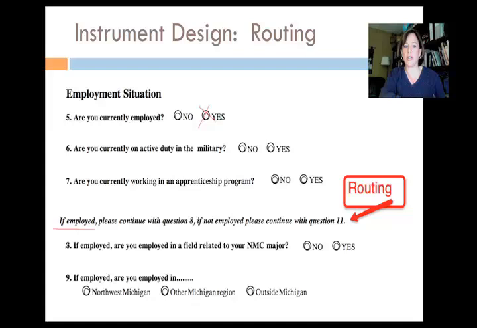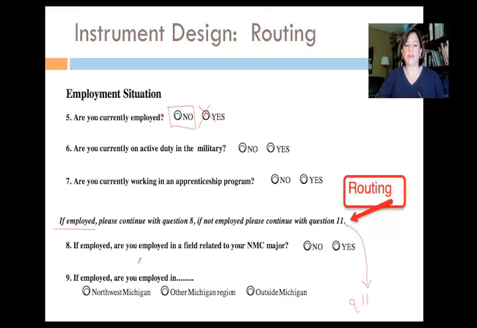It's the very next question in the survey. But if they answered no up here, I'm not employed. If not employed, please continue with question 11. So we're actually routing them around question 8, 9, and 10 to question 11. That's an example of routing.